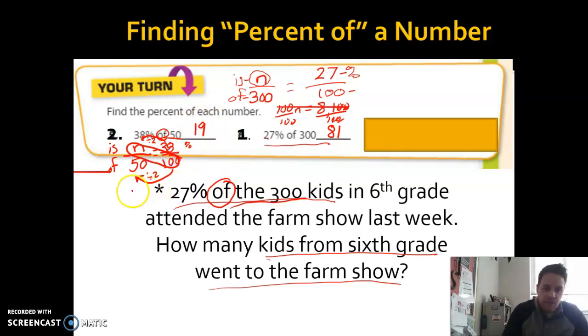Well, 100 times n, that would be 100n. 50 times 38 on my calculator, 1,900, right? Divide both sides by 100, and I get n equals 19. So a couple different ways I could do that. Okay? But again, here's the key. This is is over of, the percent, whatever my percent is, over 100. Okay?